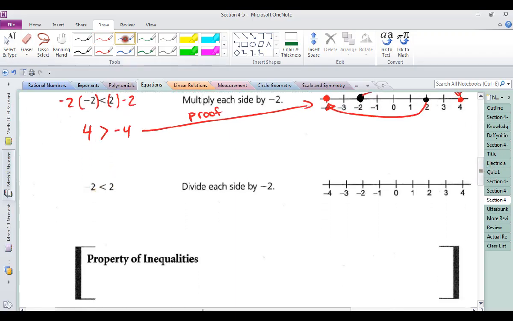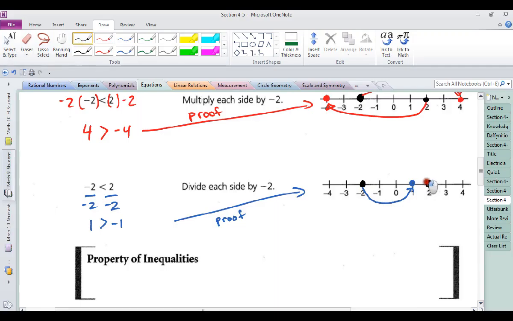Now you're smart kids. What's going to happen here? It's going to make 4 and negative 4. Right? Positive 1, negative 1, and the sign's got to flip. Because our proof takes the black dot that was at negative 2, then we divide by negative 2, and he goes out to positive 1.